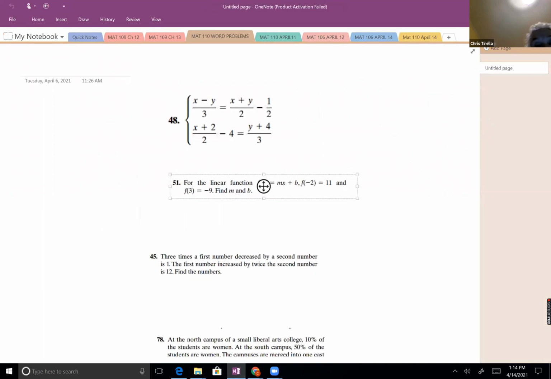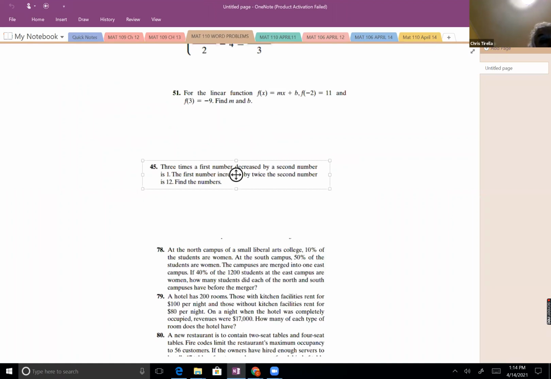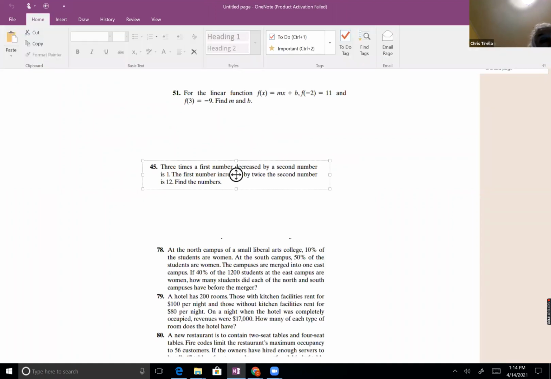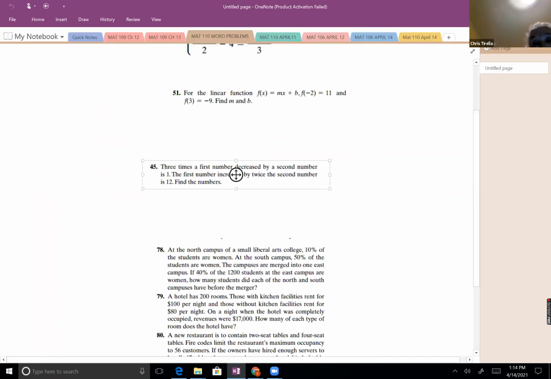I'm going to pick my first, which is probably the simplest of the word problems.